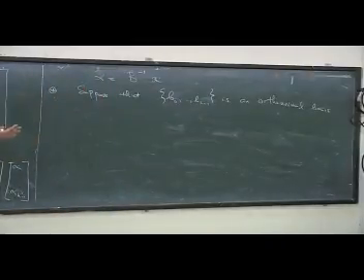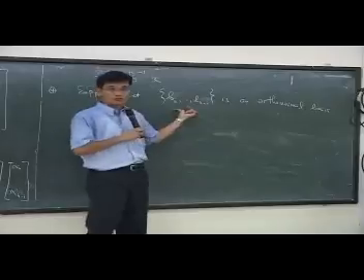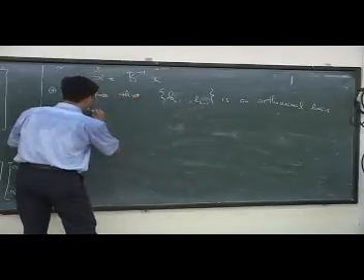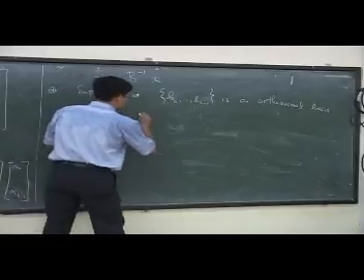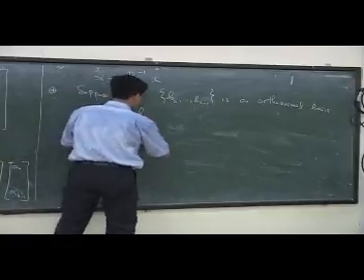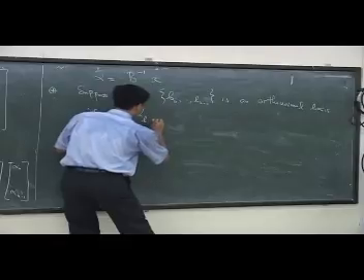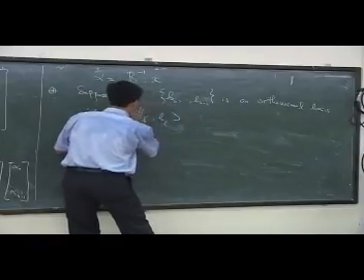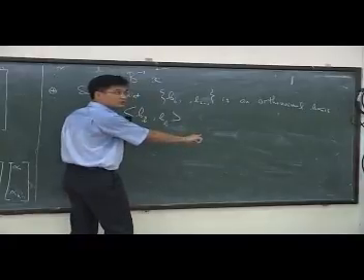It's the basis where the components are orthonormal to each other, right? That is, I take bk and bl, for example, these two.